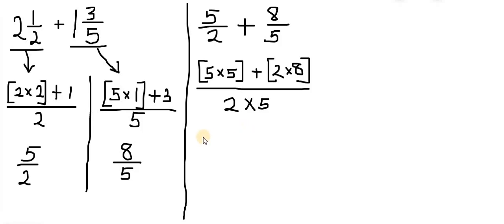So 5 times 5 is 25, plus 2 times 8, 16, over 2 times 5, which is 10, and that results in 41 over 10.